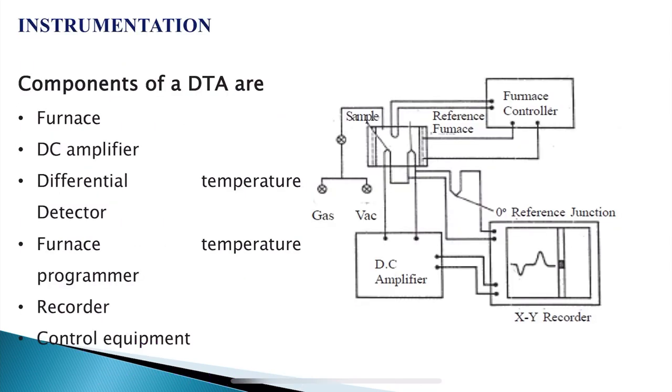And next, moving on to the instrumentation part. The various components of the DTA apparatus are, mainly, a furnace. The furnace is a device used for heating the sample, and it contains a sample holder and a reference holder.